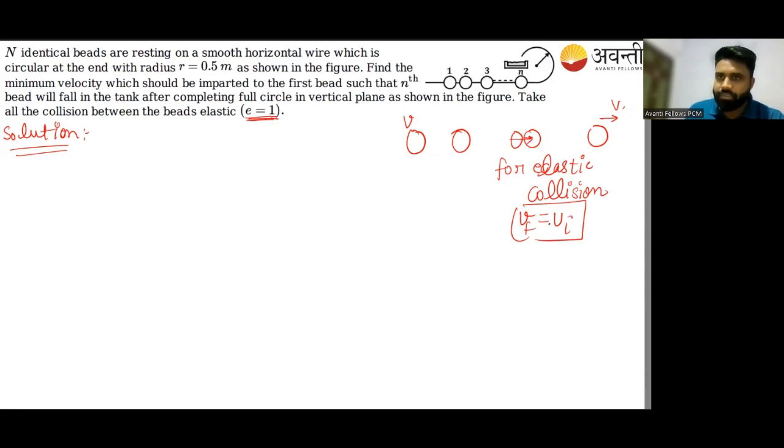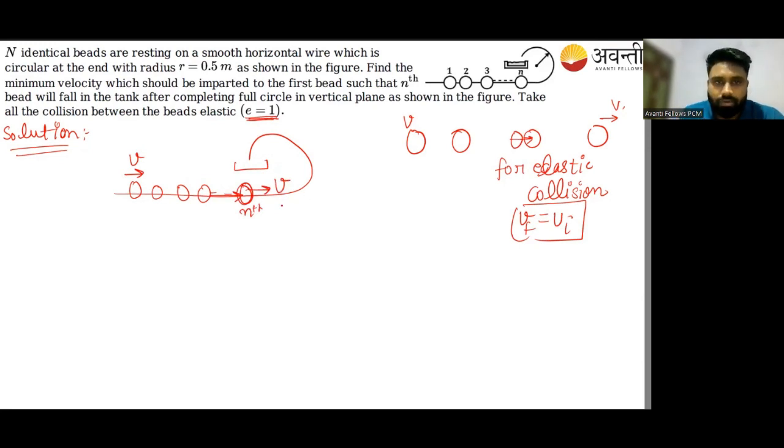So this is the system that we have, and here are the beads. If I provided the velocity v to the first bead, this velocity will be purely imparted to the nth bead. This nth bead will also move with velocity v because of elastic collision.